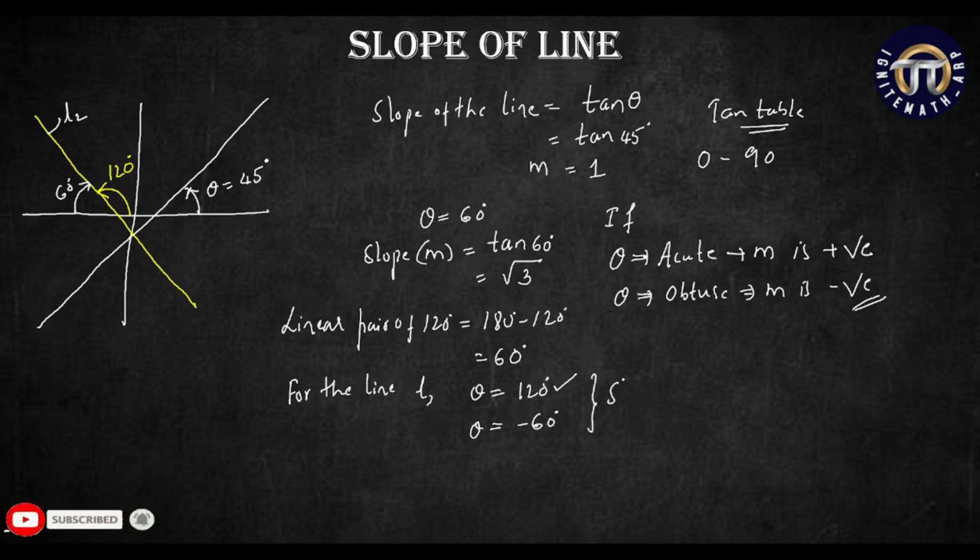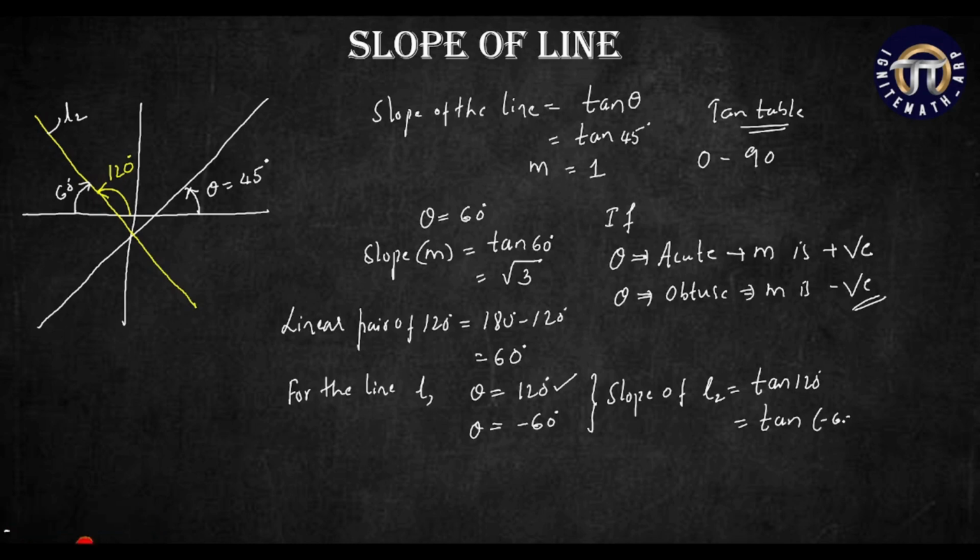So slope of the line L2 is equal to tan of 120 degree, because theta is 120, which is same as tan of minus 60 degree. Then I can write this one as minus tan of 60 degree, that is equal to minus root 3.